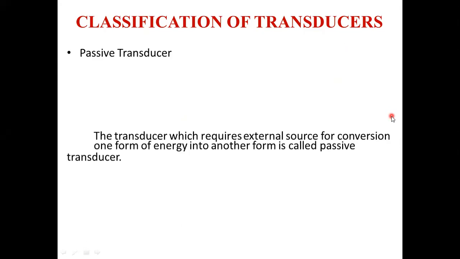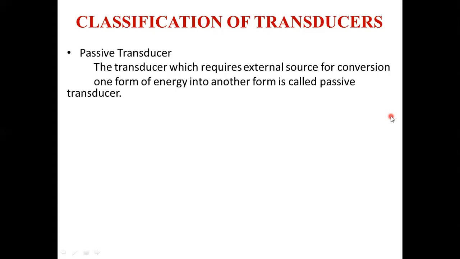One is active transducers, another one is passive transducers. Can anyone tell me what you mean by active transducers and passive transducers? Active means what? Non-electrical to electrical means active? No.